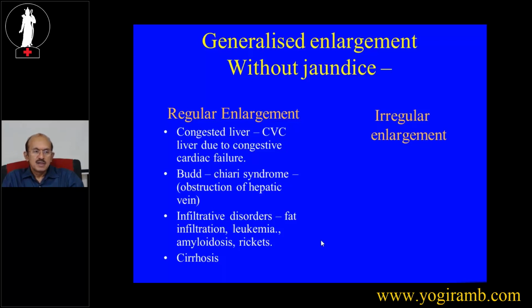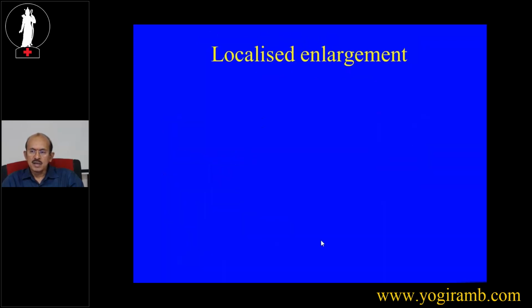The common thing: generalized diffuse hepatomegaly which is irregular, no jaundice. Whenever an irregular liver is palpable, you must always consider secondaries in the liver. A rare condition is gumma, and of course, as you said, polycystic disease of the liver.